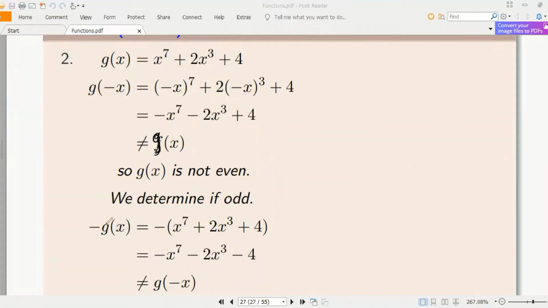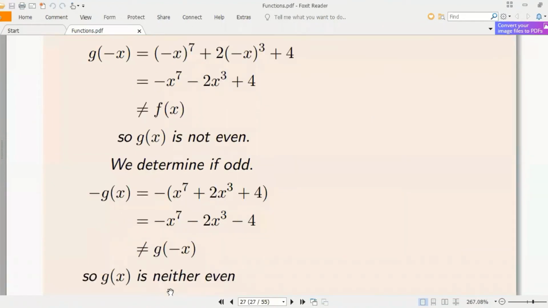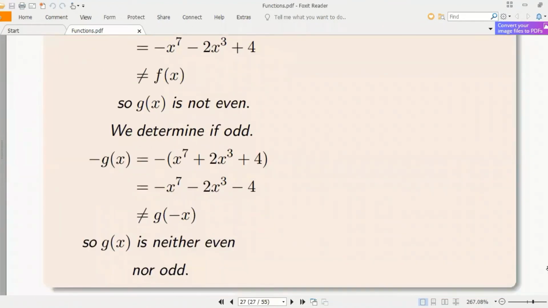We multiply negative times g of x and we get this. We find that it's not the same as g of negative x, which means that it's not odd also. And so therefore g of x is neither even nor odd.